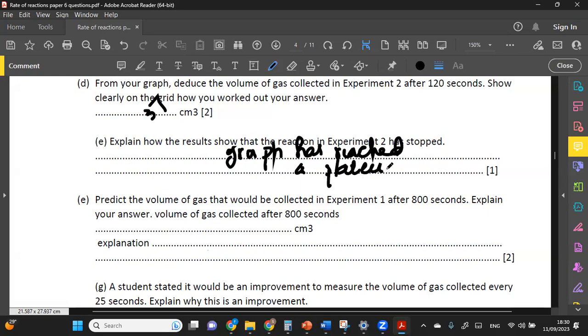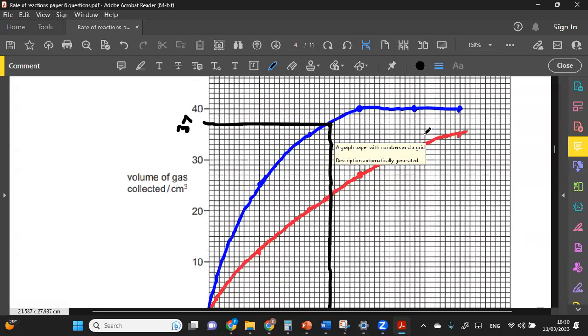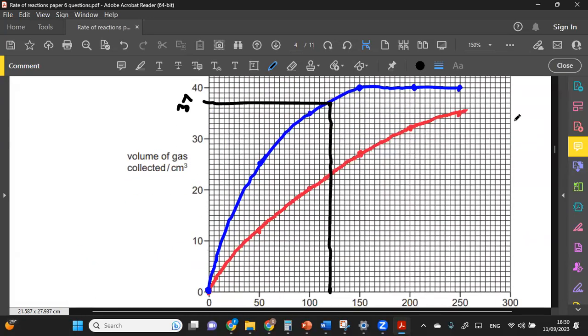Next, they're saying predict the volume of gas that can be collected in experiment 1 after 800 seconds. Explain your answer. You have to predict. Just give a general prediction. How much gas do you think will be collected in experiment number 1 after 800 seconds?